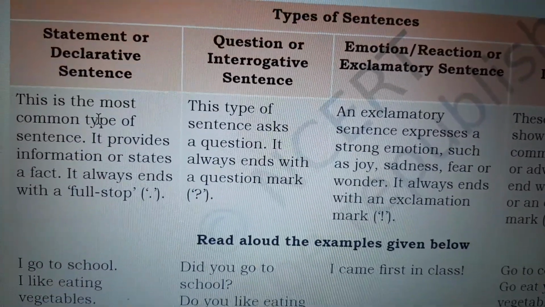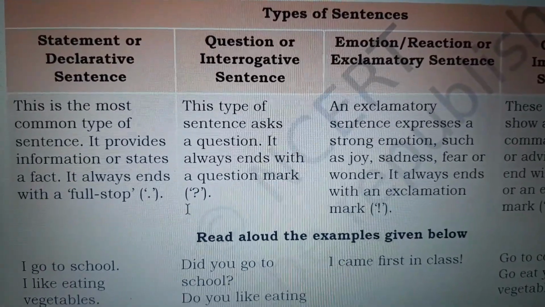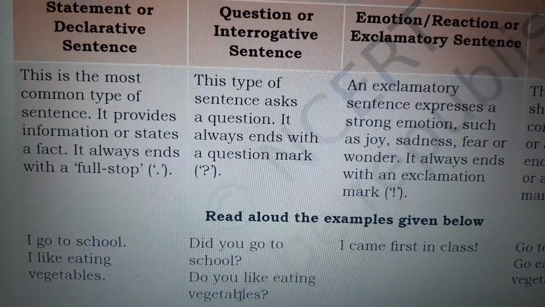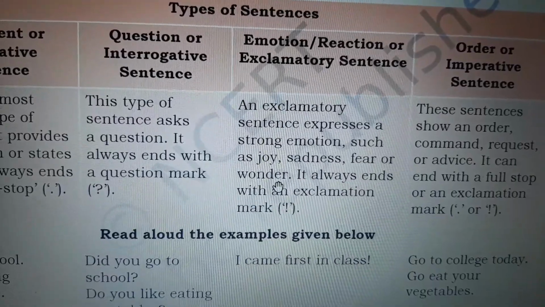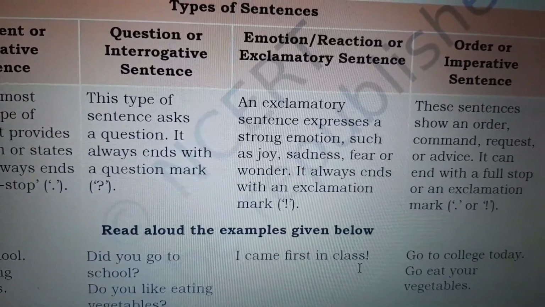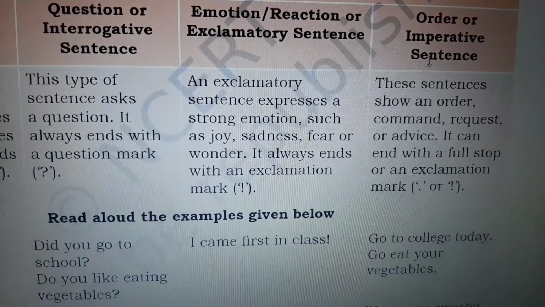Next is the question, or you can say the interrogative one, that ends with a question mark. Did you go to school? Do you like eating vegetables? Now exclamatory, that ends with an exclamation mark. I came first in the class! Order or imperative sentence.